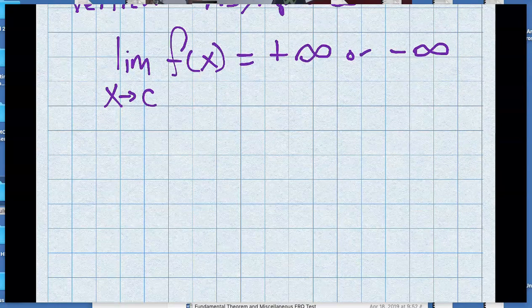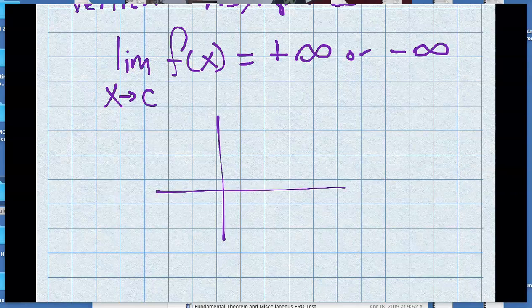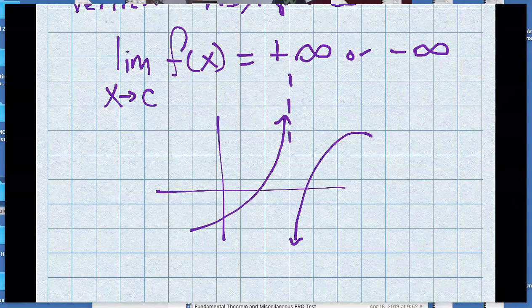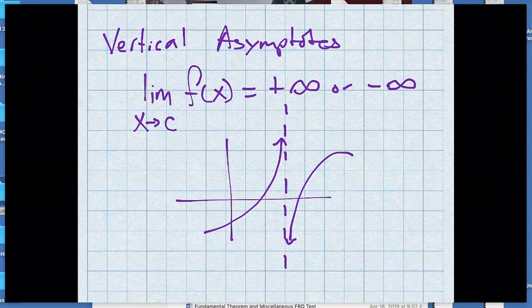So that's where you know what the graph looks like. It's if a graph increases without bound, or consequently if a graph decreases without bound. There may or may not be a dotted line in there, signaling that that's a vertical asymptote, but that's what happens when you get a vertical asymptote.